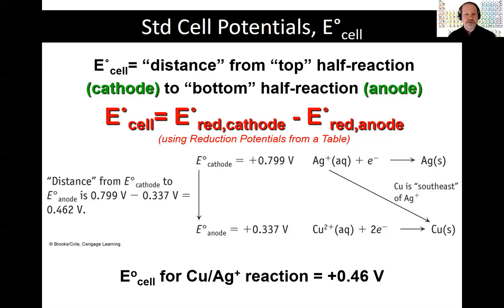So if you were to partner silver ions here and copper metal, you could come up with a plus 0.46 by taking the reduction potential that's taking place at the cathode, that's going to be the silver, minusing what's happening at the anode, which would be copper oxidation, the reverse reaction.